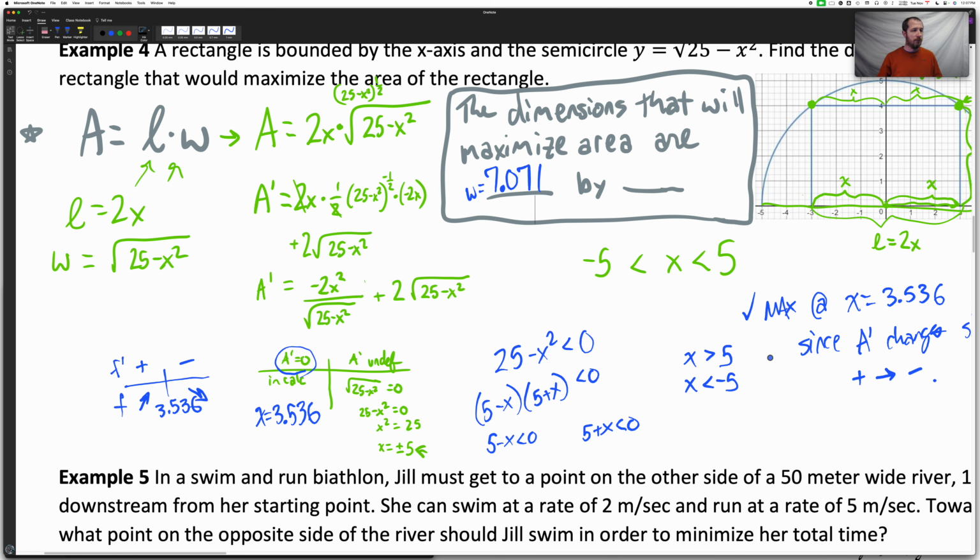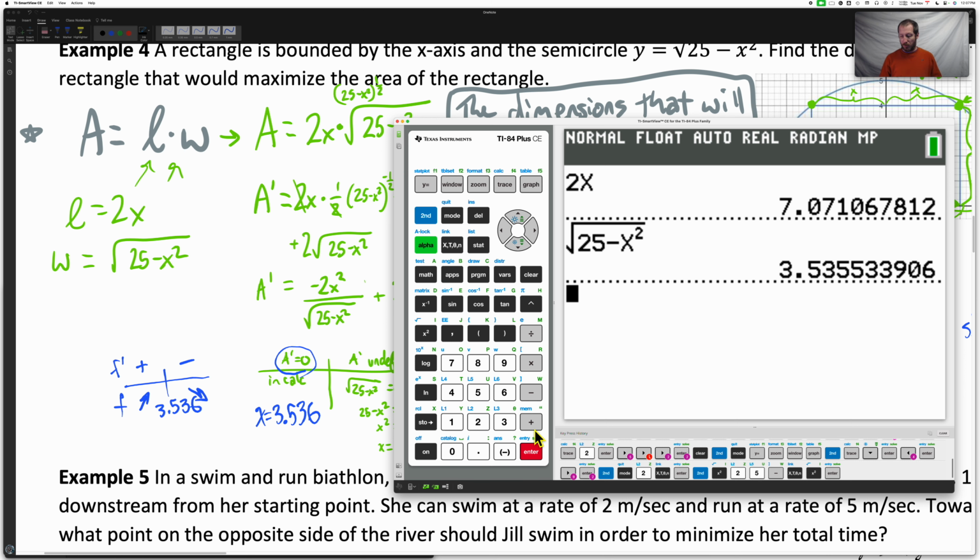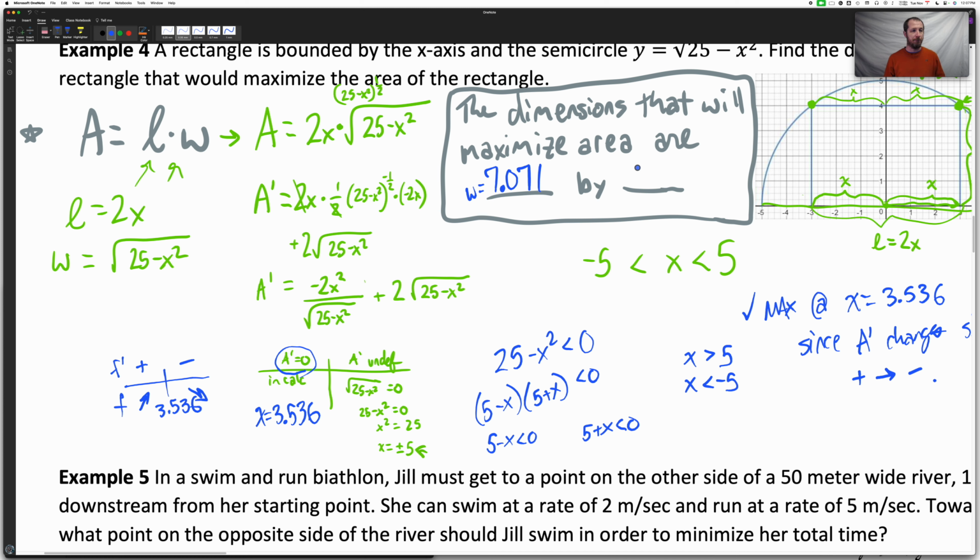And our height is going to be whatever we get when we plug into that. So let's go square root of 25 minus x squared, and again, I can use x here because that x value is stored in there. Otherwise, I'd have to retype it in. We get 3.536. Same as our input. And that's our length, or height.